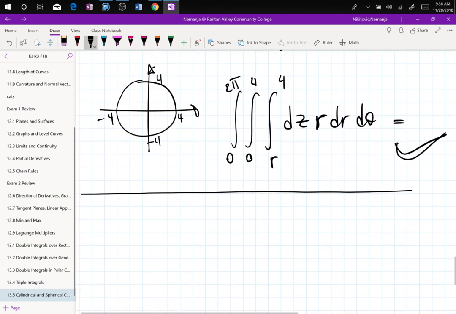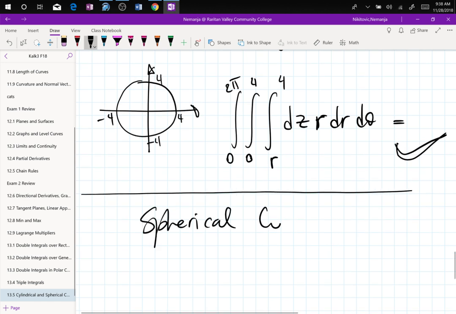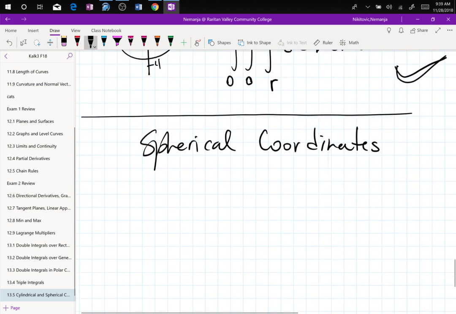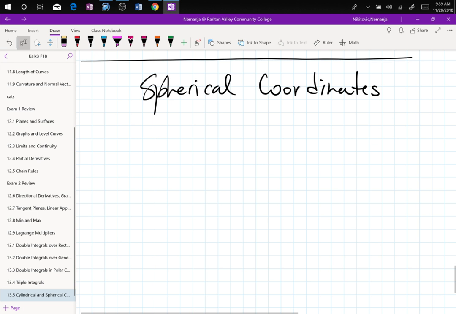Because we are moving to spherical coordinates. I would suggest YouTube videos on visualizing spherical coordinates if you haven't dealt with this stuff before.